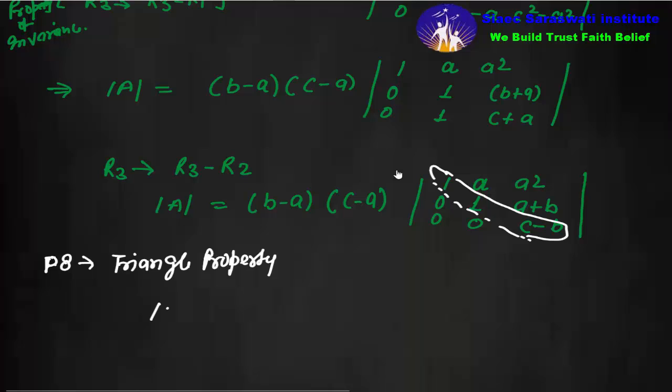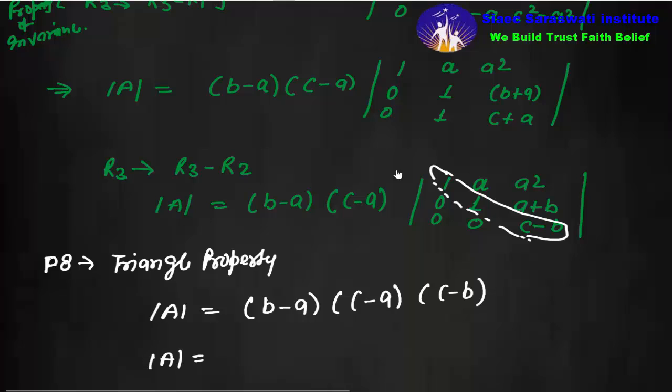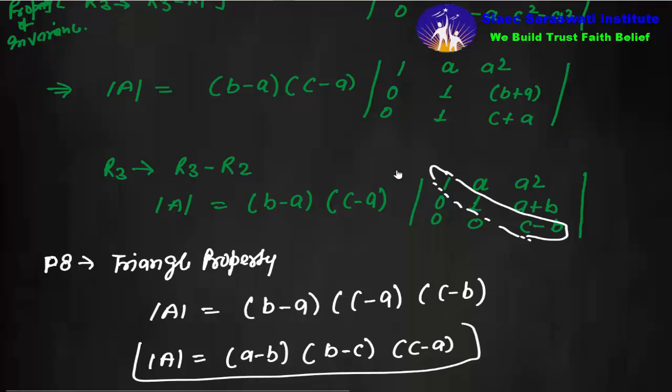So the determinant of A will be equal to B minus A, C minus A, and that will be C minus B. So finally the determinant of A will be equal to A minus B and B minus C and C minus A. So that is the answer, and that we have to prove.